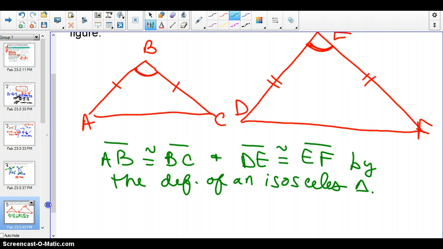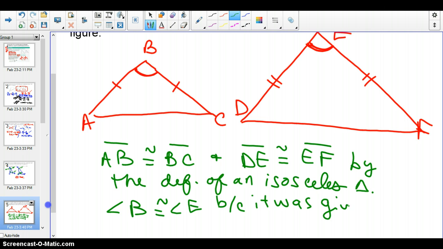Okay, we also know that angle B is congruent with angle E because it was given. They told us to do that. Now we want to say these two triangles are similar.